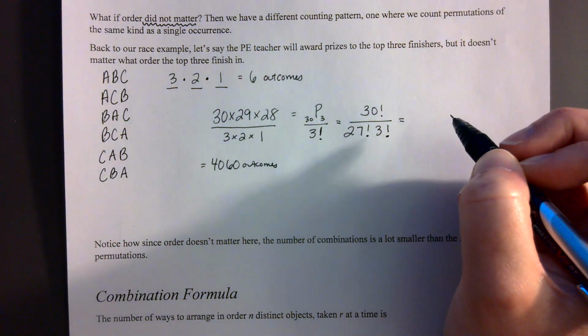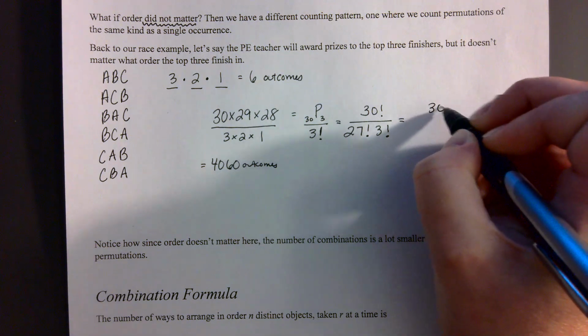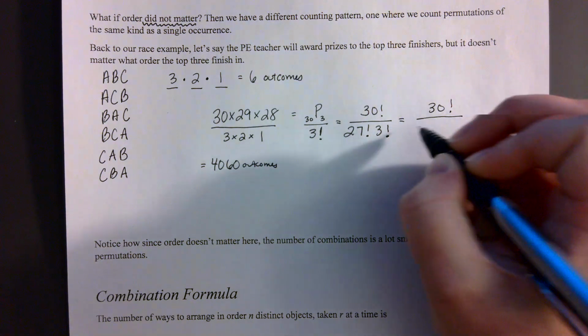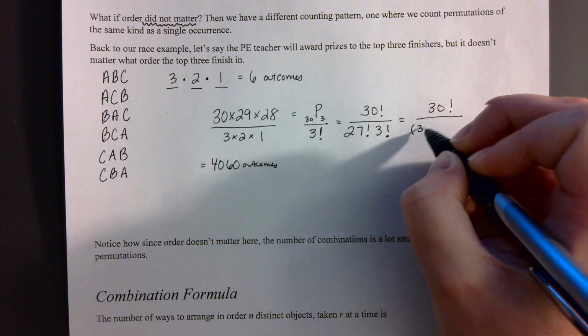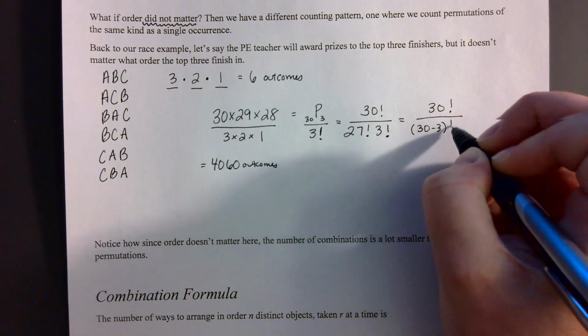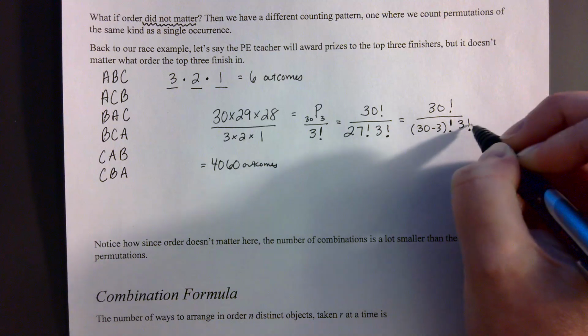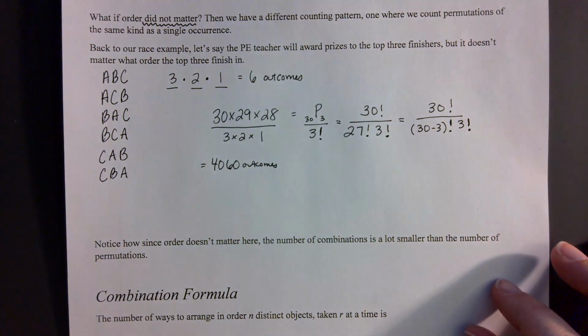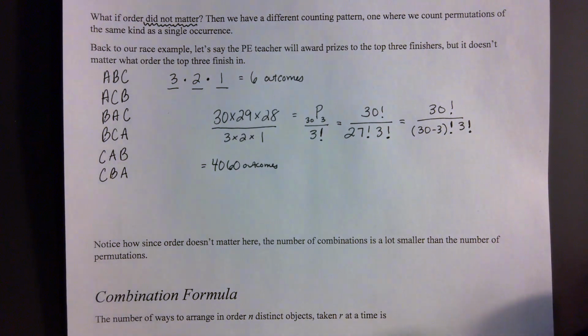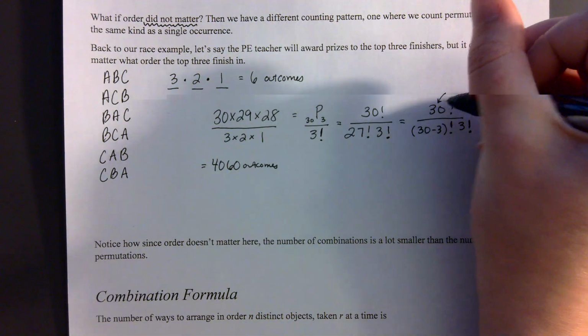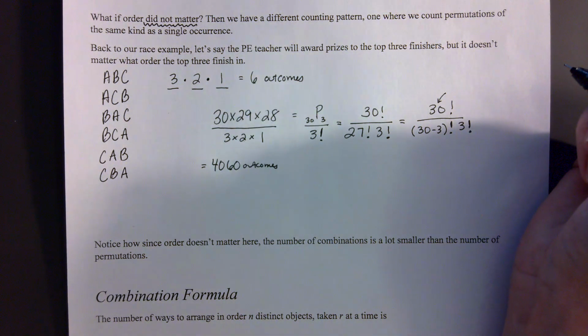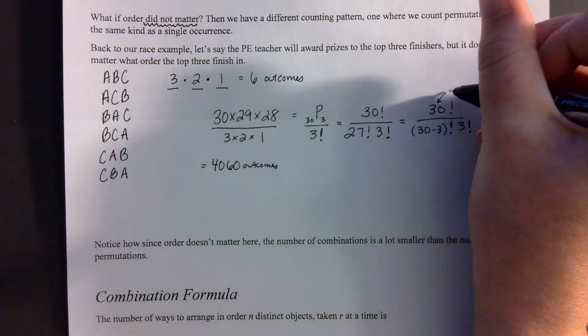And remember where the 27 came from. So we had our 30 factorial. To get our 27, we just took 30 minus our 3, and then we had our 3 factorial here. I'm just trying to break this down so that way you can see where the formula is coming from. So when we're looking at our 30 here, 30 is the number of objects that we had to choose from. So we call that n.